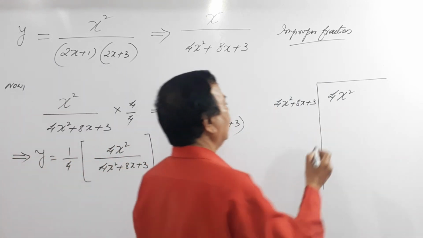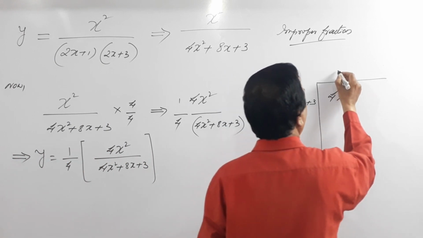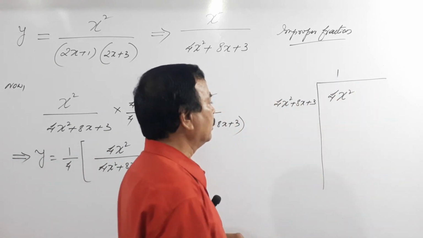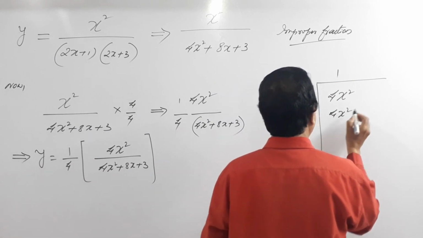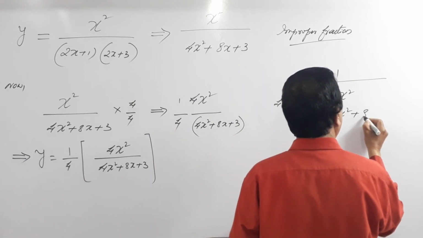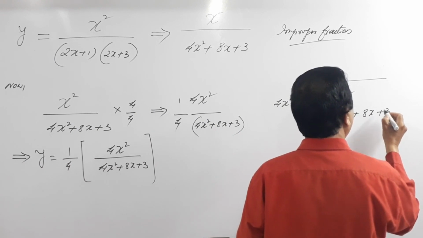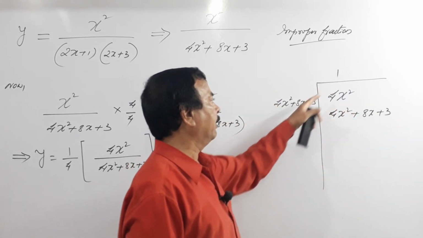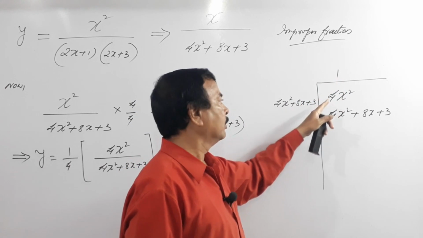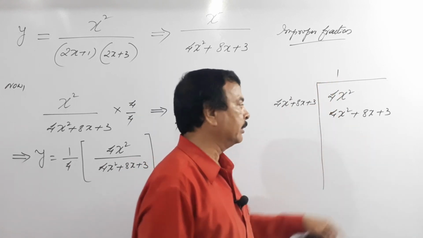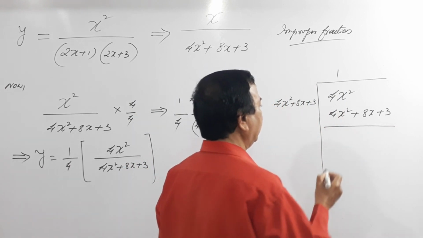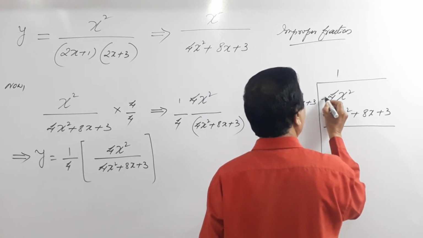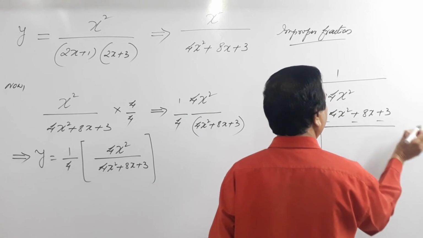It goes one time. So 1 into this gives 4x square plus 8x plus 3. Now I subtract: minus, minus, minus.